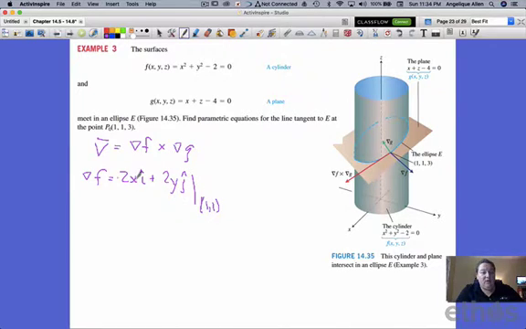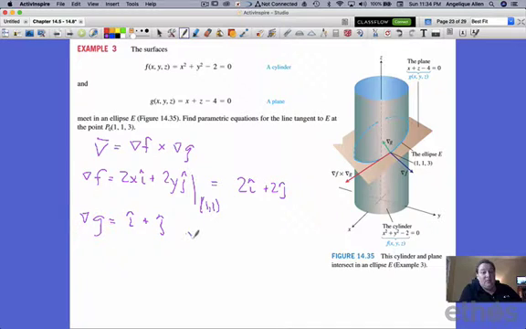And don't bother with the 3 because there's no z in this expression, but we're going to have 2i plus 2j. So that's this vector here. Then we're going to have grad g, and the partial derivatives with respect to x, y, and z here are going to be even simpler. We're going to have 1i, so I can leave the 1 off. There is no y in this expression, so the partial with respect to y is 0. The partial with respect to z is also 1. And since there are no variables in this expression, we have our grad g.